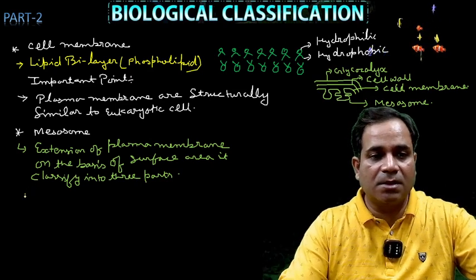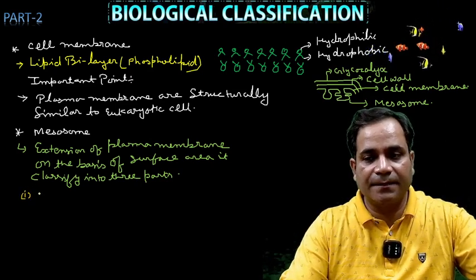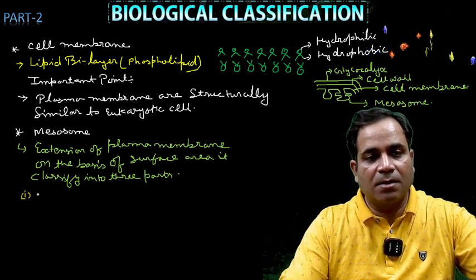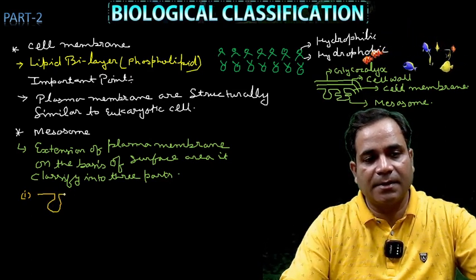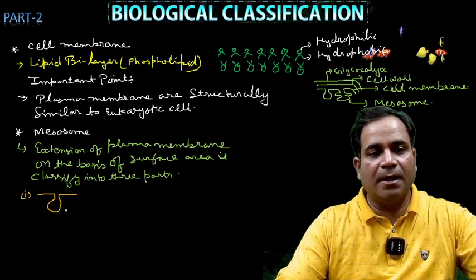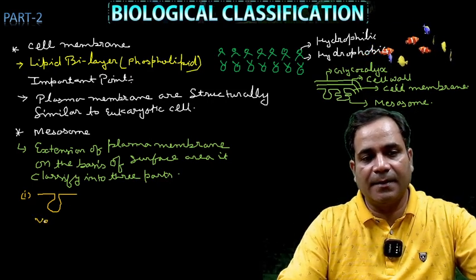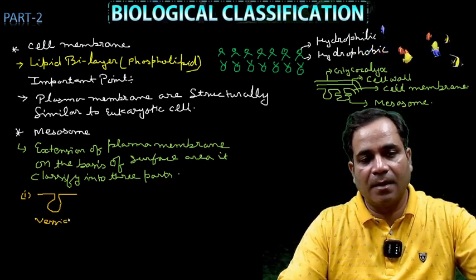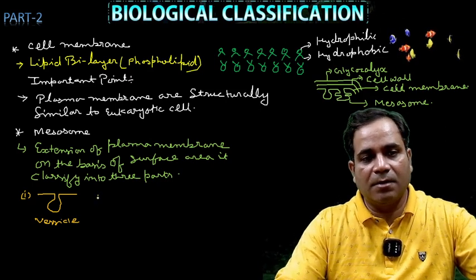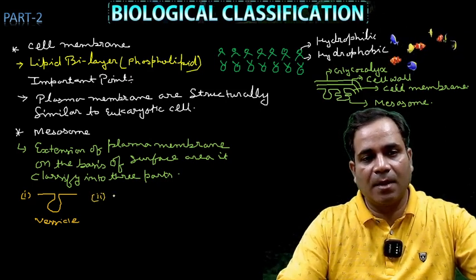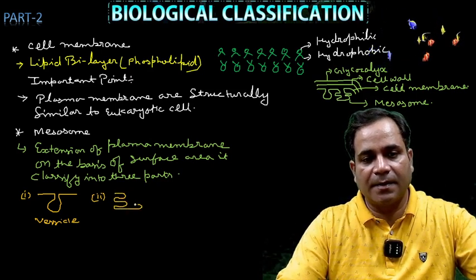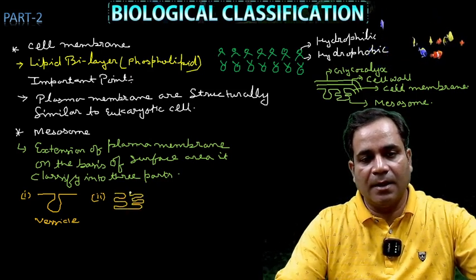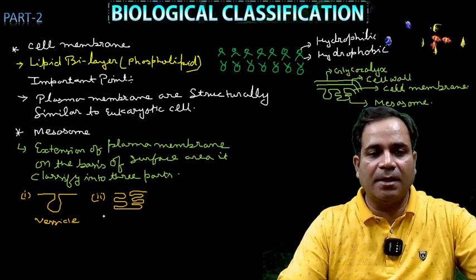Suppose number one, that is vesicles. If the diagram is like this, then it is called vesicle. Okay. Now, second one, if the structure is like this, then it's called tubular.